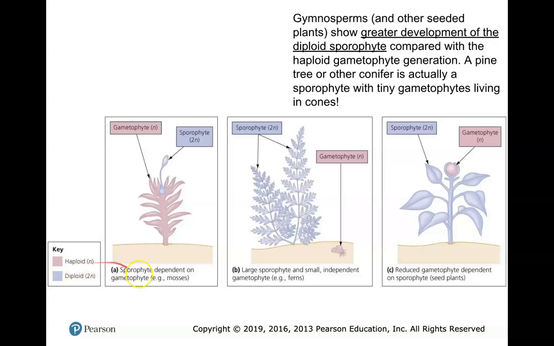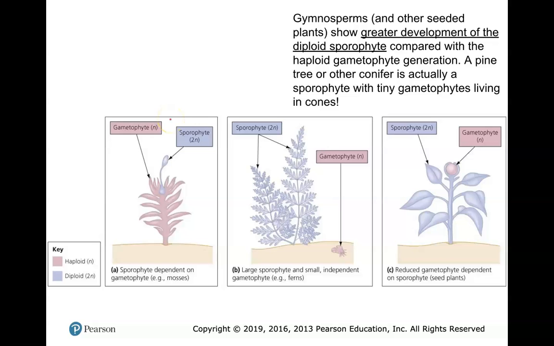So here is showing me bryophytes. Remember I taught you that bryophytes spend the majority of their time in that gametophyte stage. There's that large structure here showing me that. Very little of it is the sporophyte, but it is still there nonetheless. And there's an alternation of the life cycles for that guy.